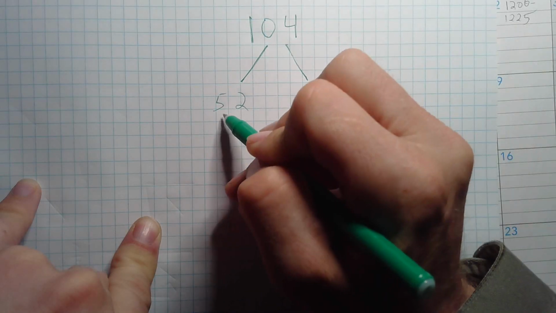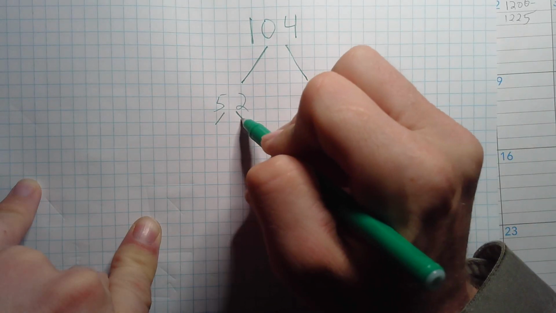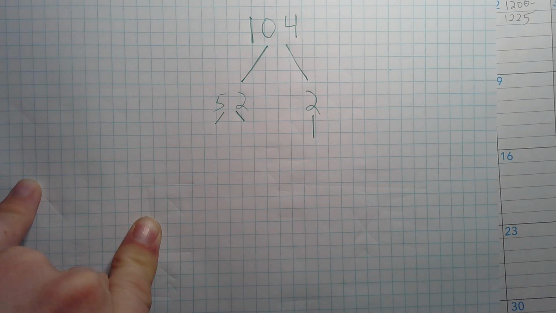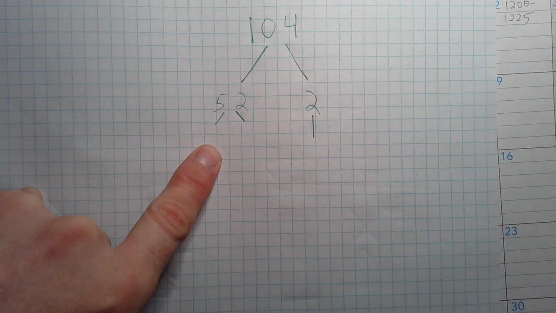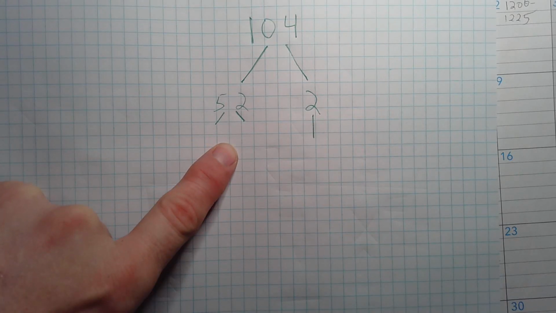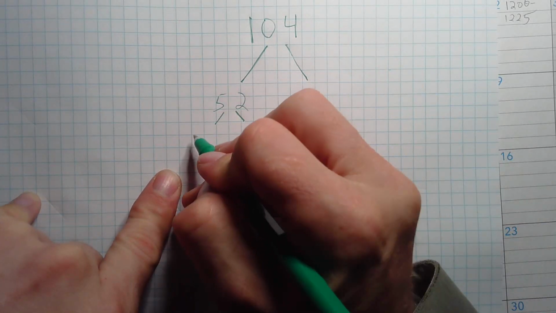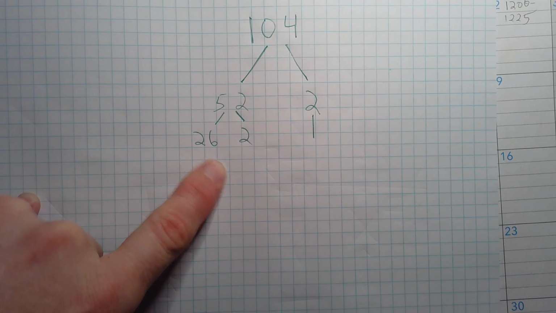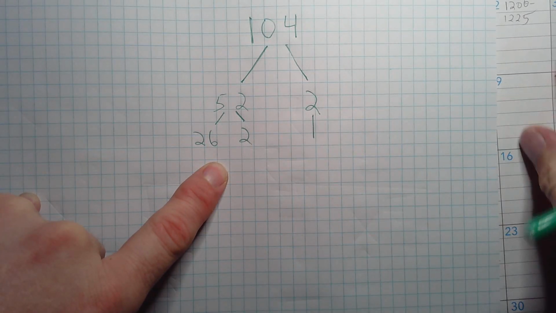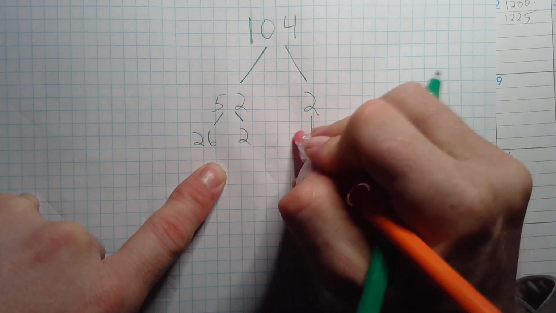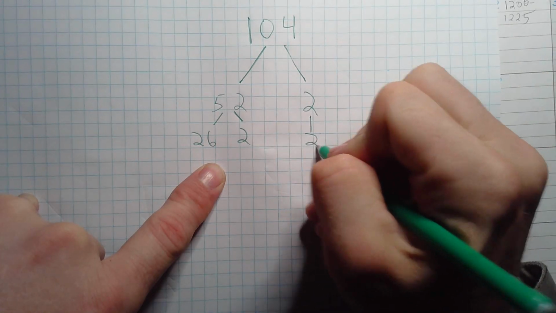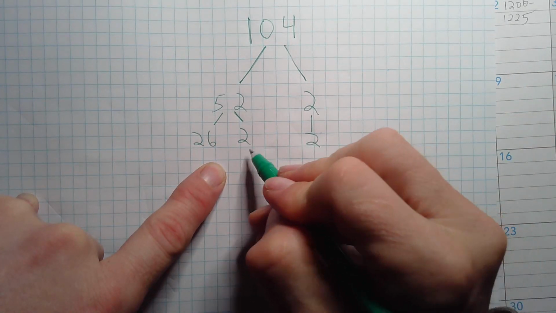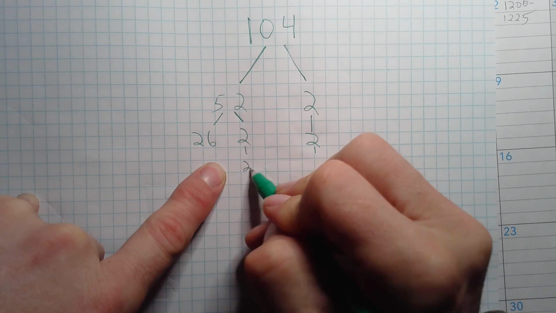Well, 2 is a prime number, so I'll move that down. Now, what two numbers multiply together to get 52? Well, 26 and 2. 2 is another prime number, so I'm going to move that one down.